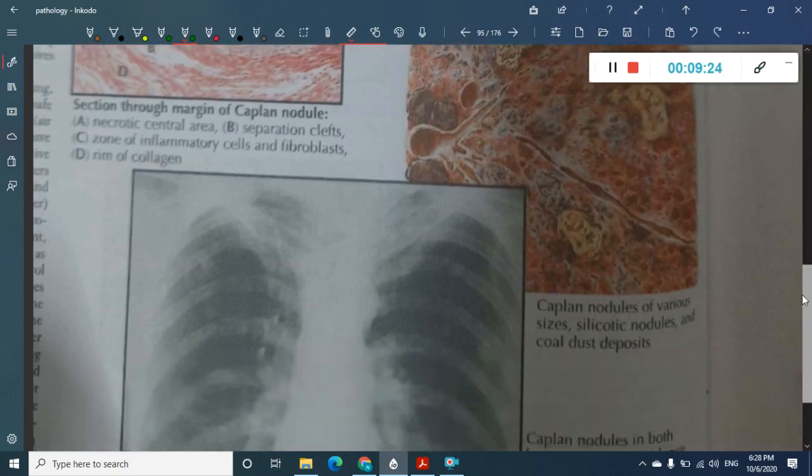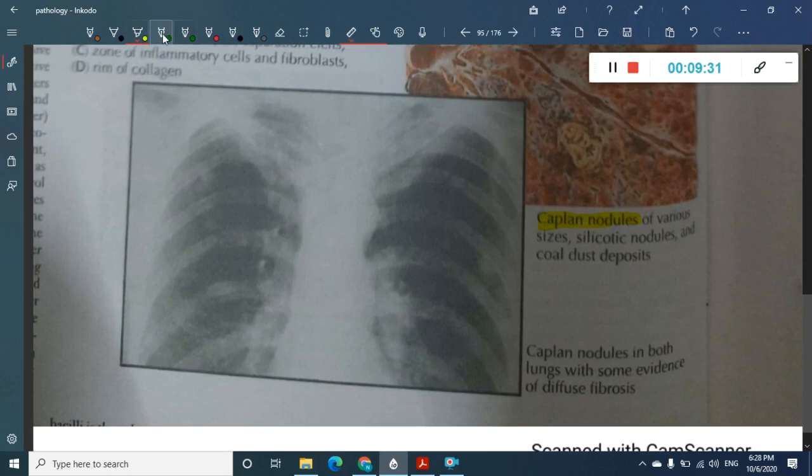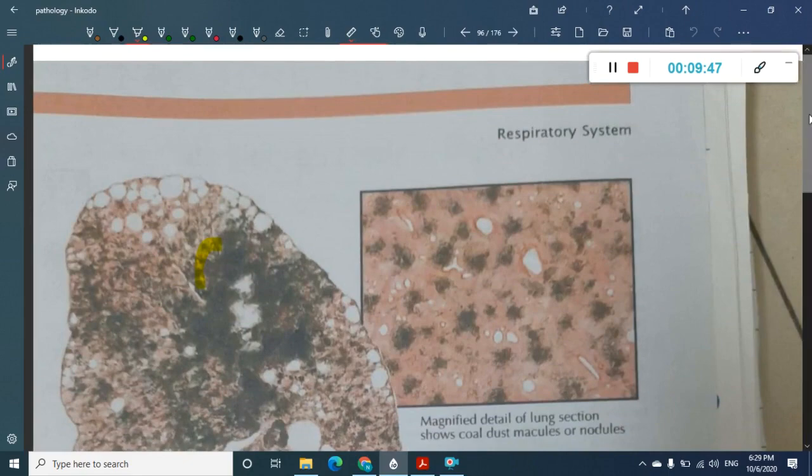So this is Kaplan syndrome. Then in the X-ray also you can see these nodules. These nodules are again Kaplan nodules which you can see in the X-ray. So this is about rheumatoid arthritis with pneumoconiosis, which is called Kaplan syndrome.